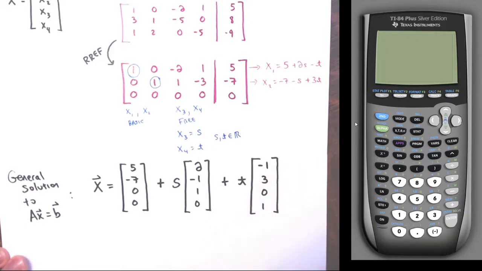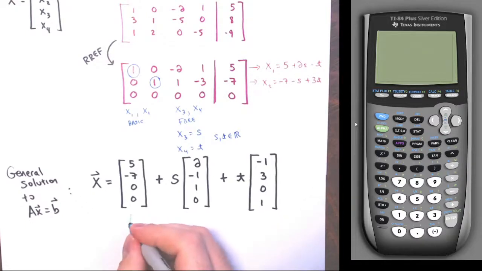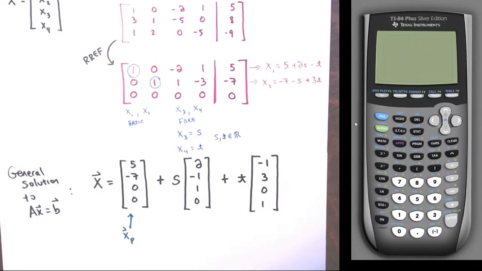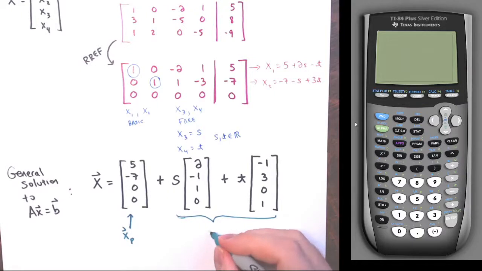So again, this is a particular solution, say xp, just one particular solution to the system. And the vectors attached to the free variables describe all the solutions to the corresponding homogeneous system, x sub h. Or they describe every vector that's in the null space of A.